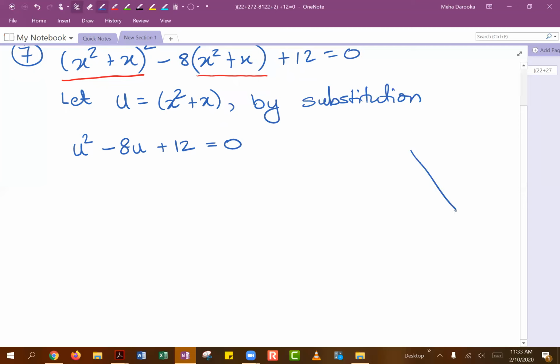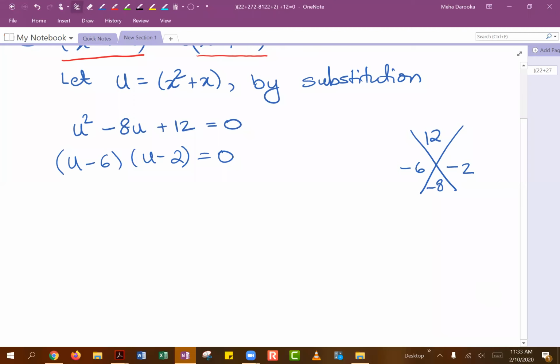Yeah, very good. So we are looking at two numbers, product 12, sum of negative 8. So negative 6 and negative 2 multiply to give you positive 12 and add up to give you negative 8. So this will factor into u minus 6 and u minus 2, set equal to 0, right?